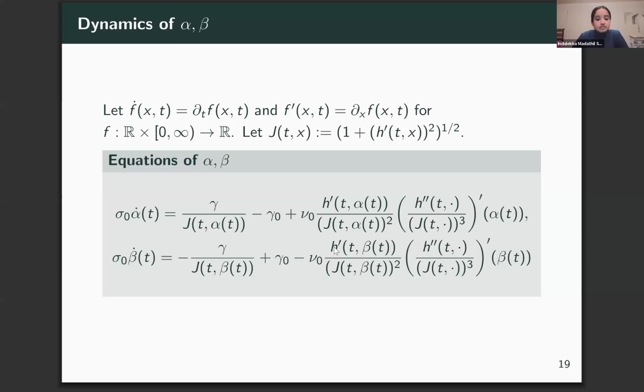Alpha and beta move according to the differential equation described over here. They are both time dependent functions, and we can of course also prove that they have a fixed gap between them. Beta of t minus alpha of t has a lower bound.